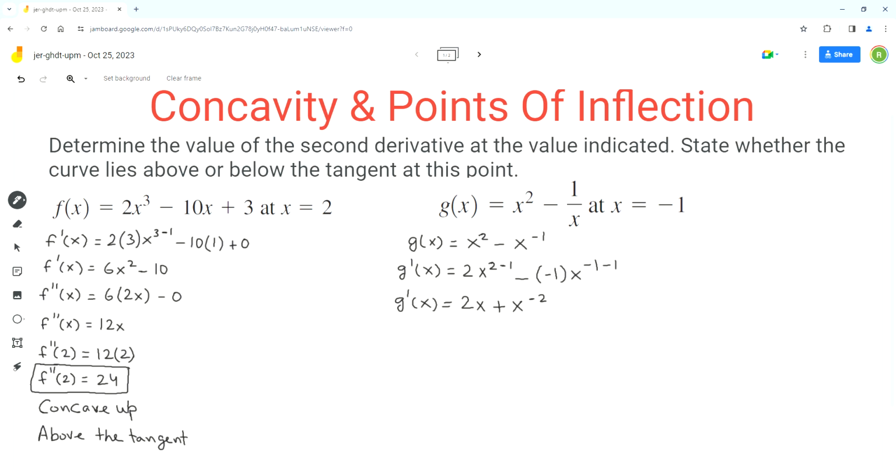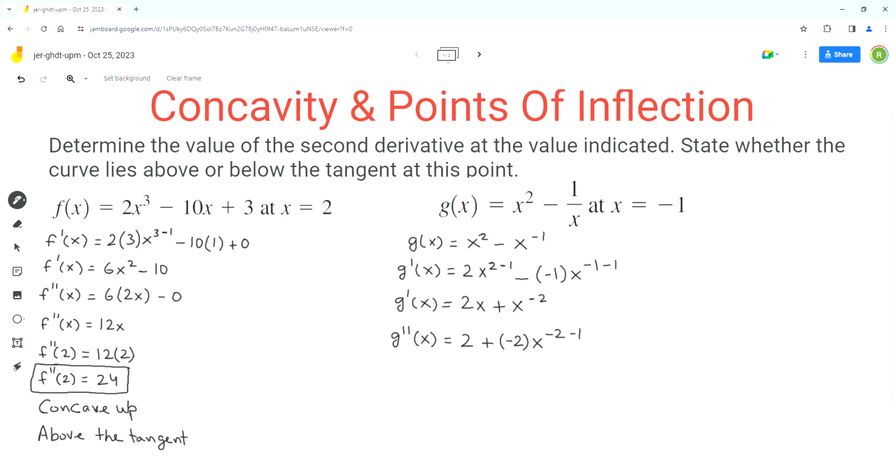Now we can find the derivative of this function to find the second derivative. So g double prime of x equals, for the first term the derivative is just 2. So 2 is the coefficient, so it stays as it is, and the derivative of x is 1. Now for the second term we can use the power rule. So we can move the exponent to the front, and now we can subtract 1 from the exponent.